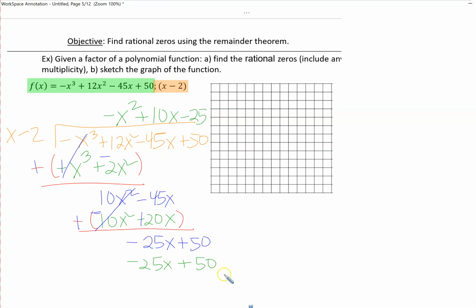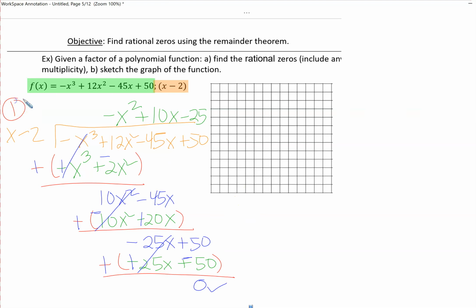So again, remember that if we've done our math right here, this last subtraction should give us a remainder of 0, which we get: plus positive 25, negative 50. Negative 25 and 25 is 0. 50 and negative 50 is 0. So there's our remainder. So now we are going to write our function.